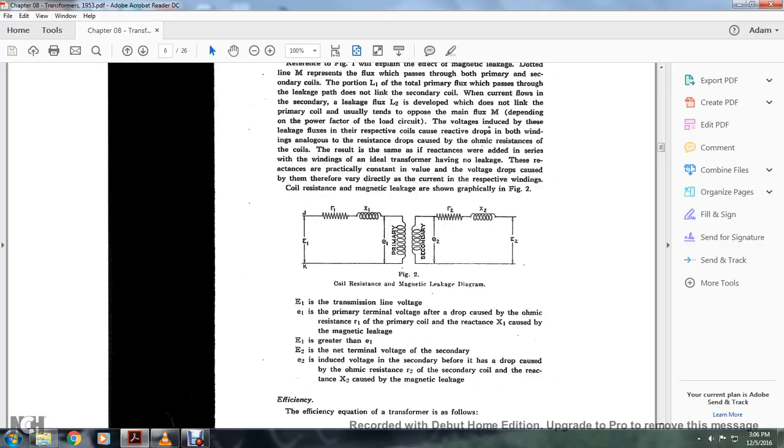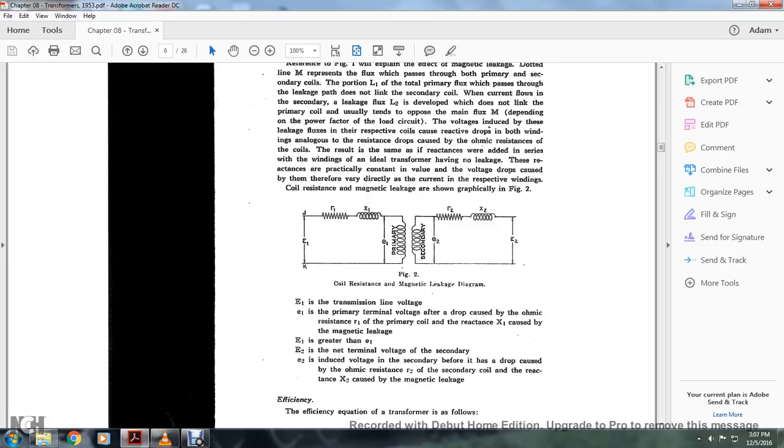Lower E1 is the primary voltage after the drop caused by the resistance R1 of the primary coil and the reactance X1 caused by the magnetic leakage. E1 is greater than lower E1. E2 is the net terminal voltage of the secondary. Lower E2 is the induced voltage of the secondary before the drop caused by the resistance R2 of the secondary coil and the reactance X2 caused by the magnetic leakage.